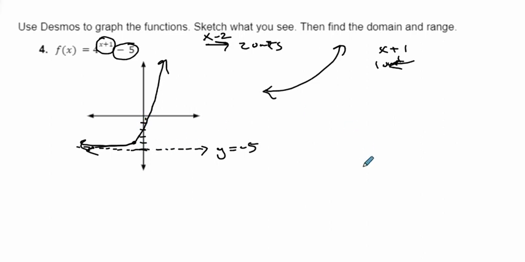So yeah, that's where we're after. We would label this as the point -1, -4. It's always good to label some points just so you know. And then it goes through the point 0, -1, right? And that's your 1, 2, 3, 4, right? You know, it's growing quickly.